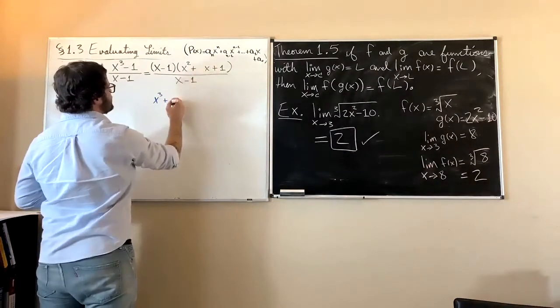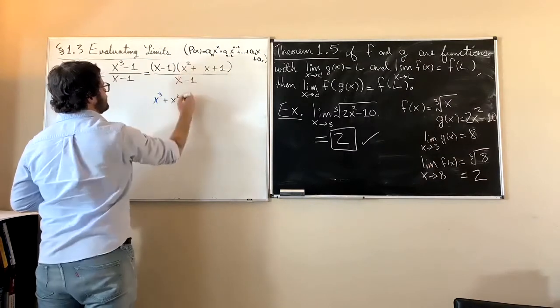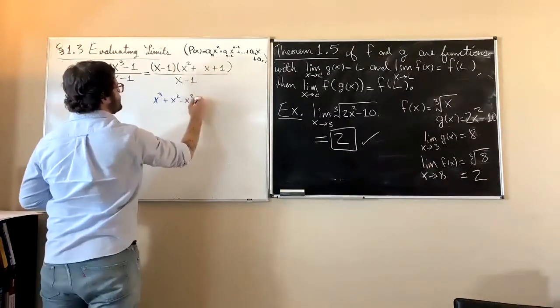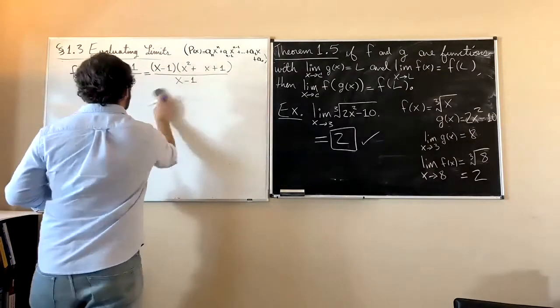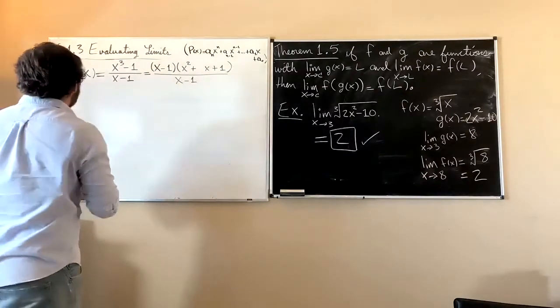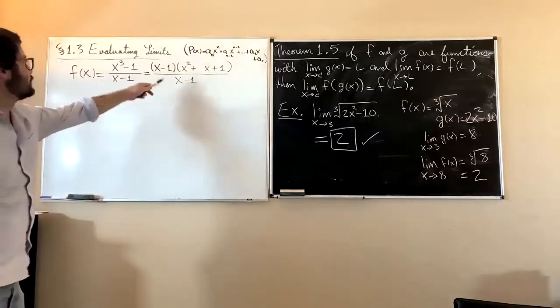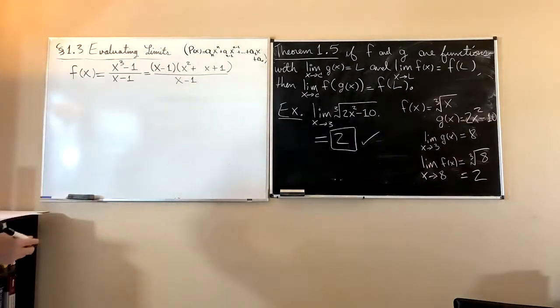The x times that is x squared minus x squared minus 1 combined with 3. Okay, so this is just another way of algebraically expressing the function f.